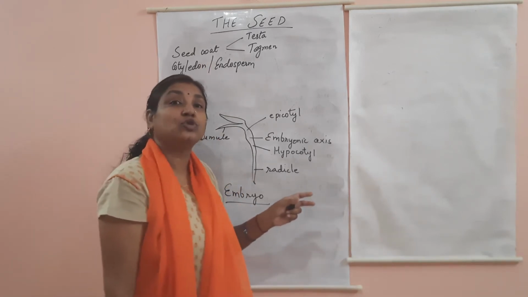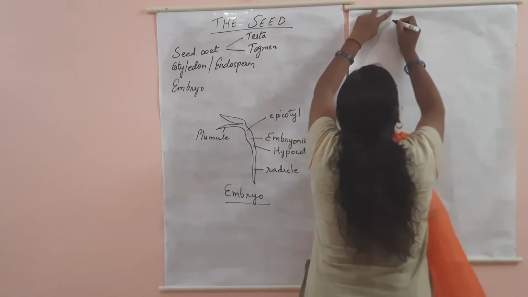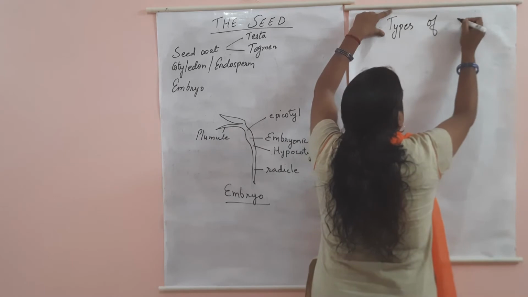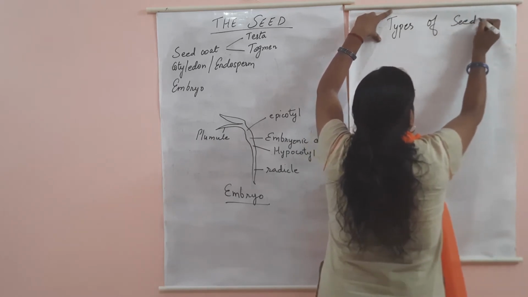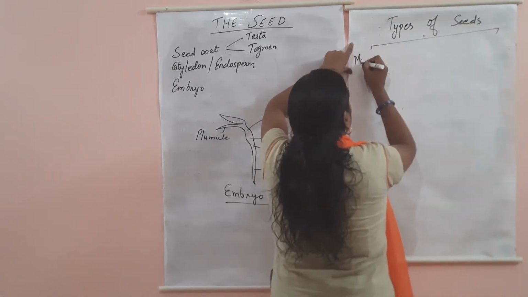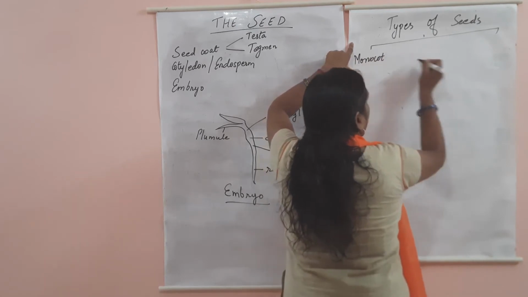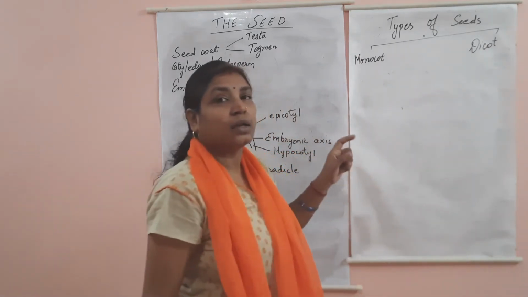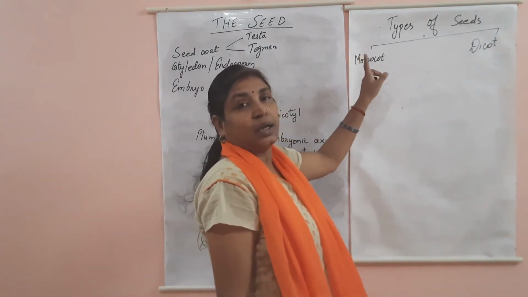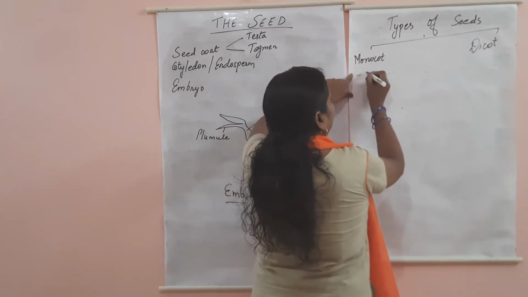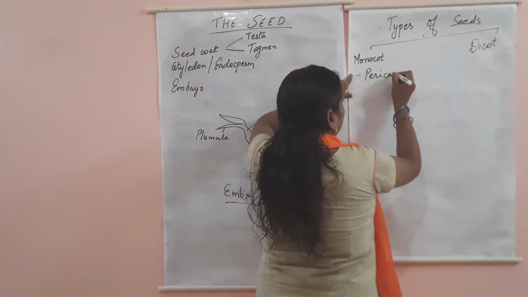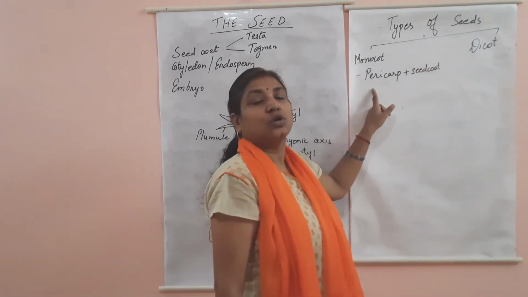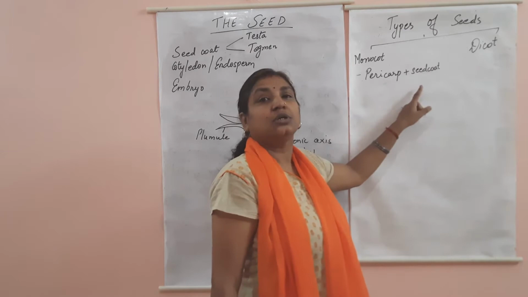Now coming to the types of seeds. There are two types of seeds known as monocotyledonous seeds and dicotyledonous seeds, commonly known as monocot seeds and dicot seeds. Now what is the difference? In monocot seeds, your pericarp is fused with seed coat.